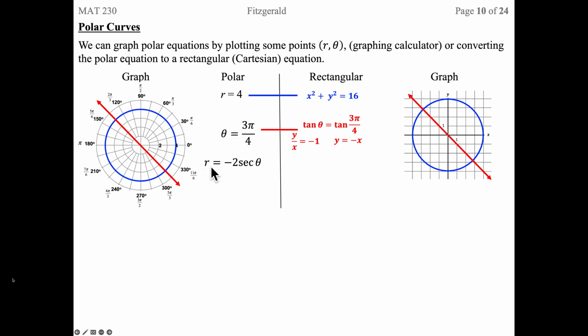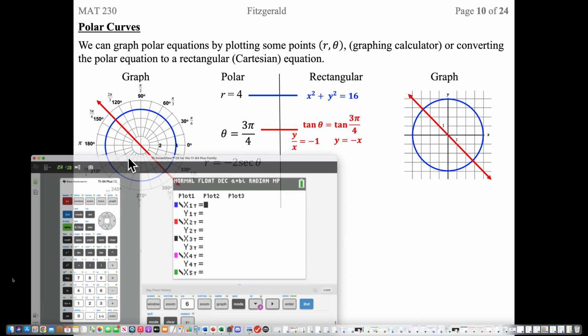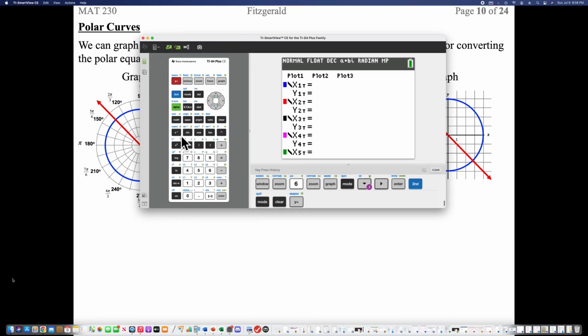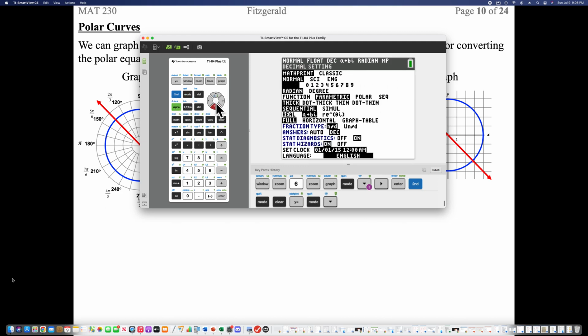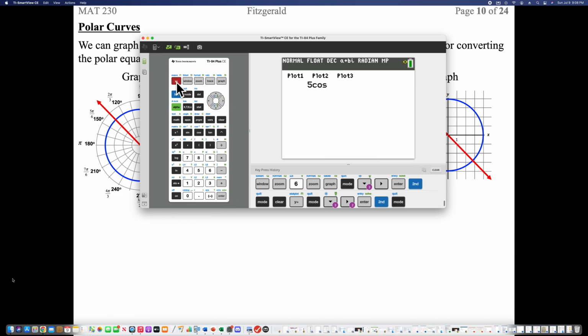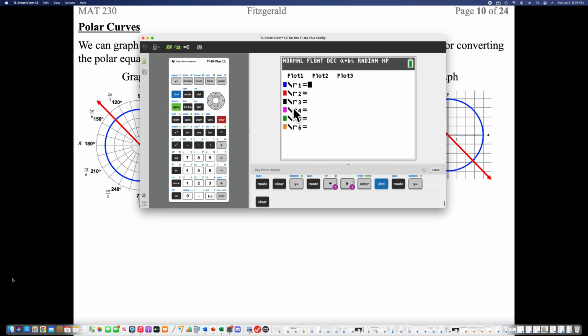Okay, this one, r equals -2 secant theta. All right, let me go grab my calculator here. Well, here's parametric. I've got to go to polar here. So mode, let's go down and highlight polar. Then we'll go second quit back. So I got something already in here. So here's my polar coordinates.